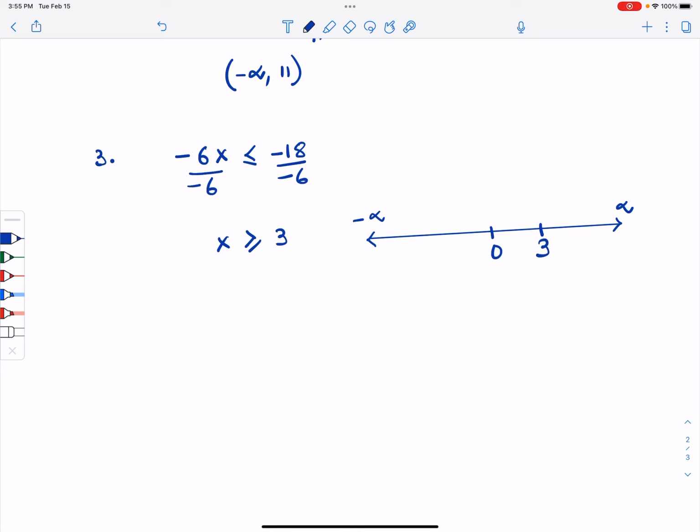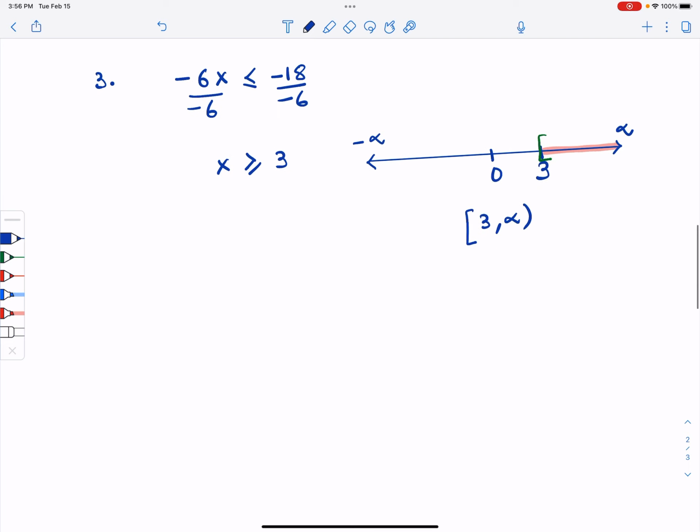It's a positive number. So what we have is x is any value greater than or equal to 3, so it's going to be shaded there. Since it's greater than or equal to, we're going to put the little square bracket this way. And so the solution set is going to look like this: 3, comma, infinity, close bracket, or close parenthesis. All right, next one.